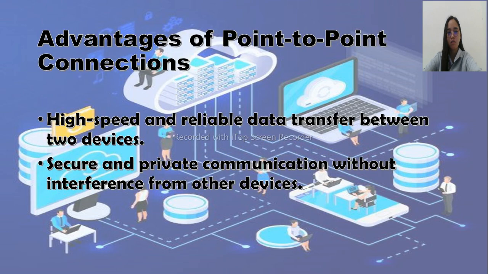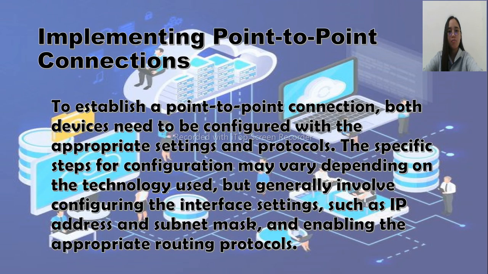Advantages of point-to-point connections. First, high speed and reliable data transfer between two devices. Second, secure and private communication without interference from other devices. Implementing point-to-point connections. To establish a point-to-point connection, both devices need to be configured with the appropriate settings and protocols.